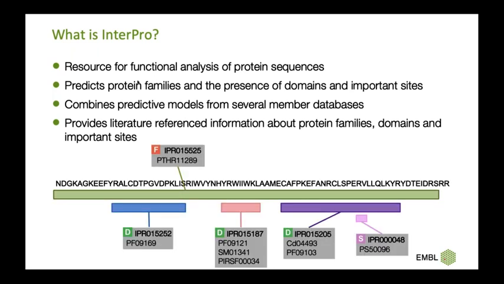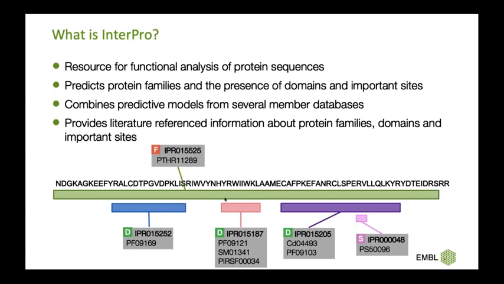So let's imagine you have a protein sequence like this one. What InterPro does is it assigns protein families, which usually match about the full length of the protein, or domains, which are shorter regions in the proteins and have a particular function, or sites, which can be one or more residues, for example binding sites or conserved sites.